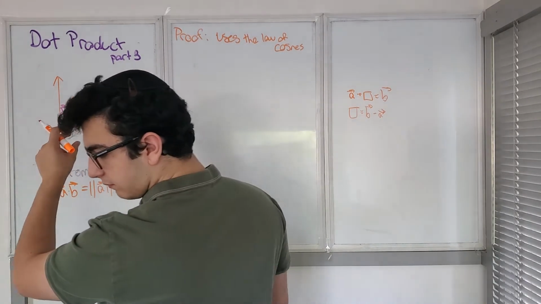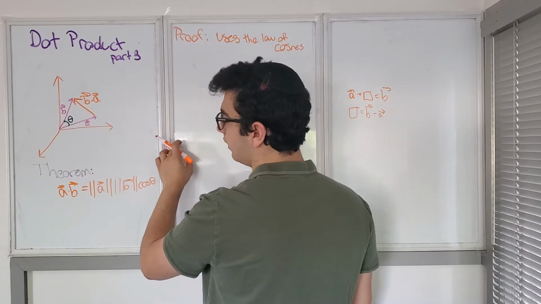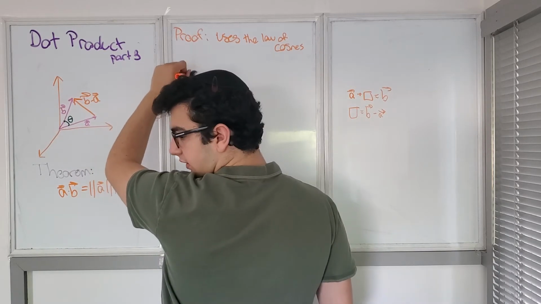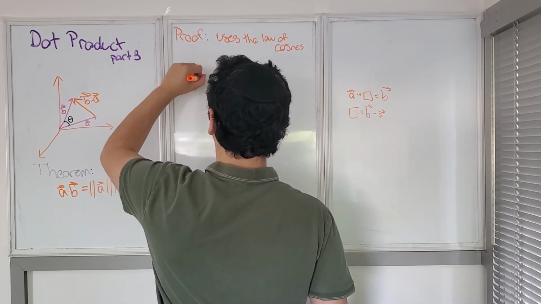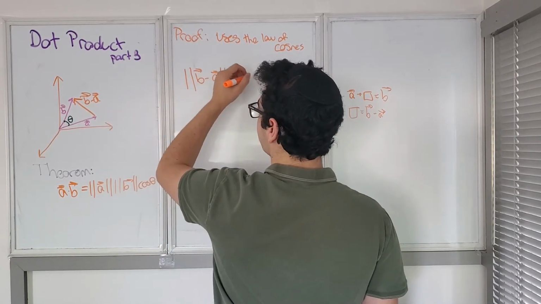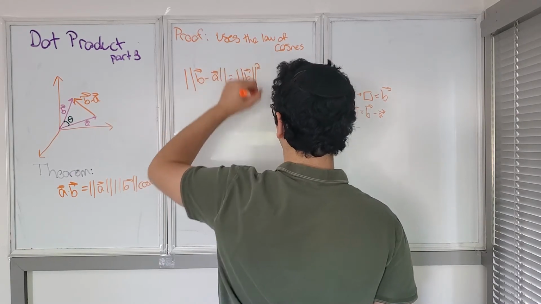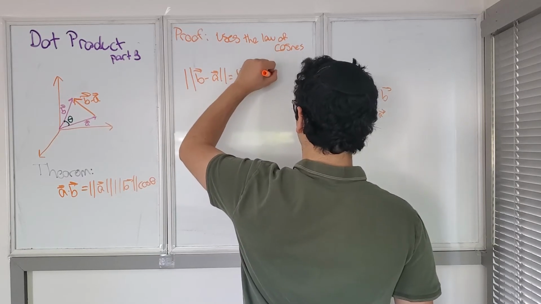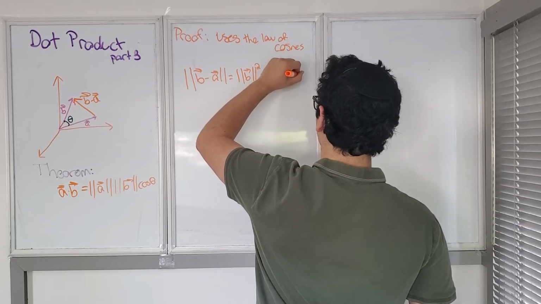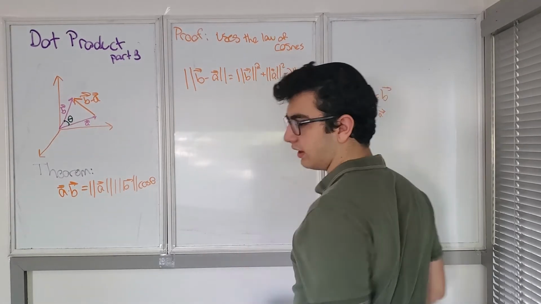So we need to figure out what this is. We're going to say that the magnitude of the B vector minus the A vector squared is equal to the magnitude of the B vector squared plus the magnitude of the A vector squared minus 2AB cosine theta.